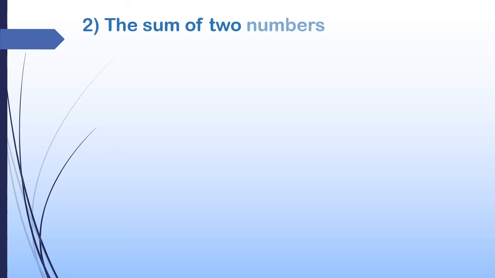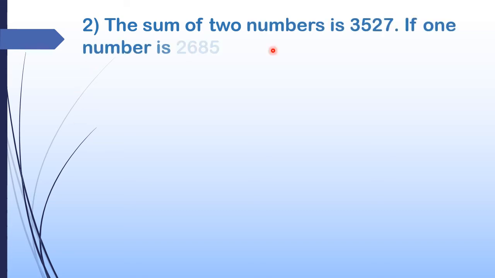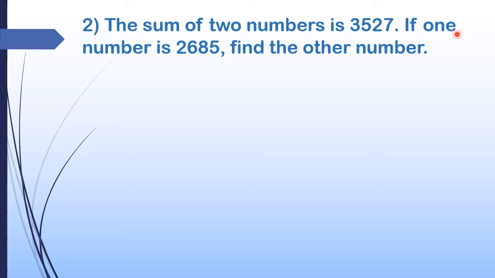So second sum, the sum of two numbers is 3527. If one number is 2685, find the other number. Okay, when we add two numbers, we get the sum, isn't it?